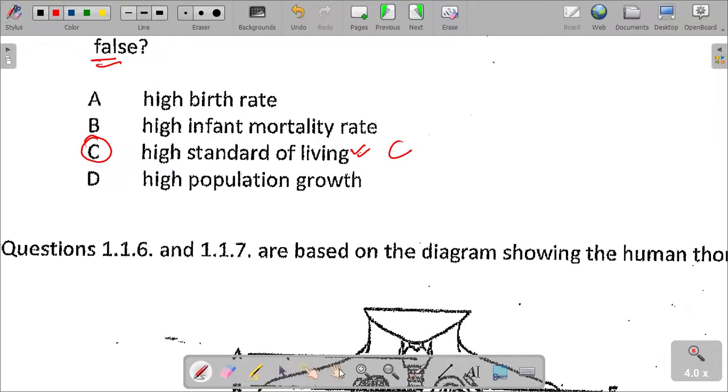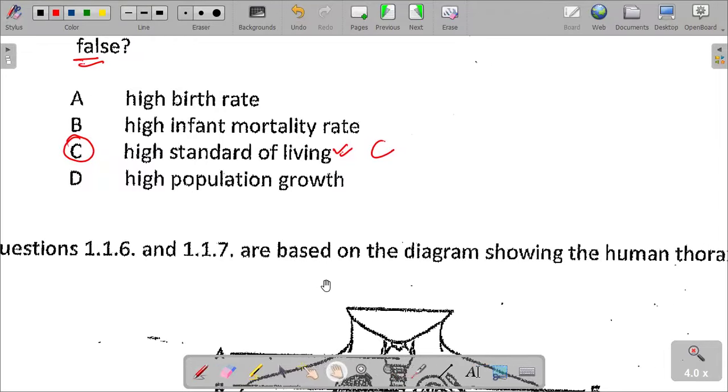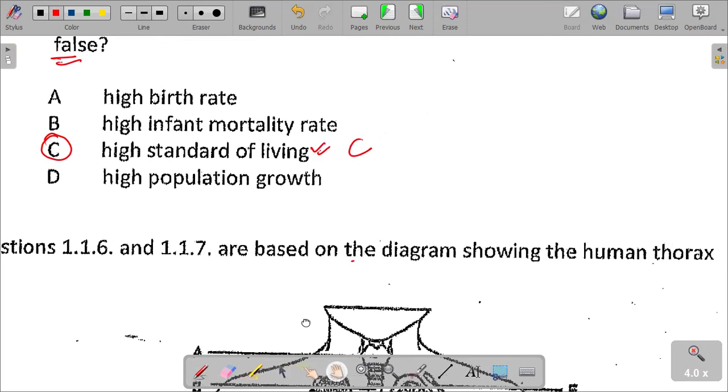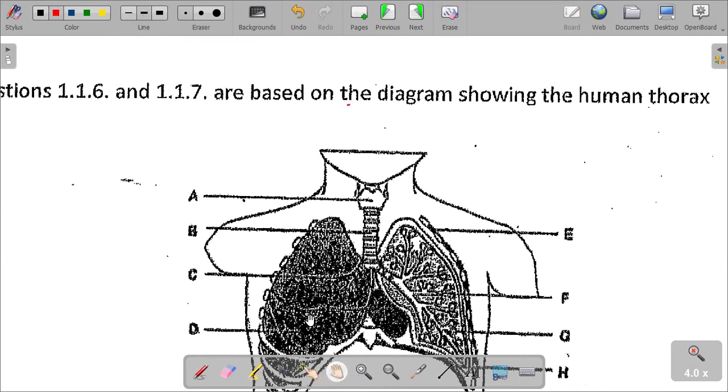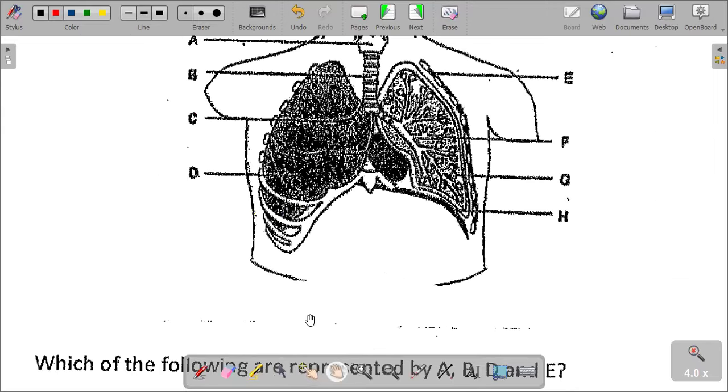And then the next question. 1.1.6 to 1.1.7 are based on a diagram showing the human thyroxine.